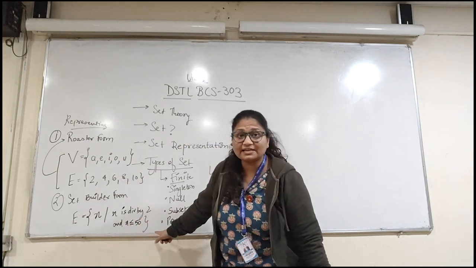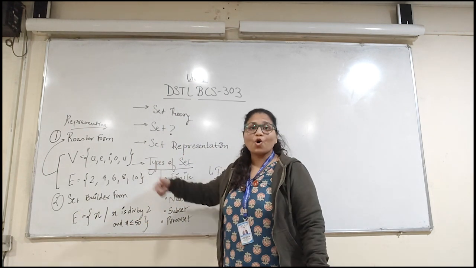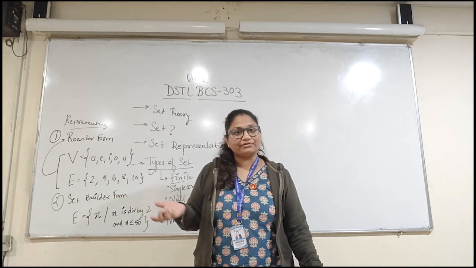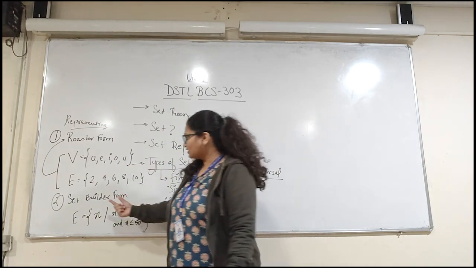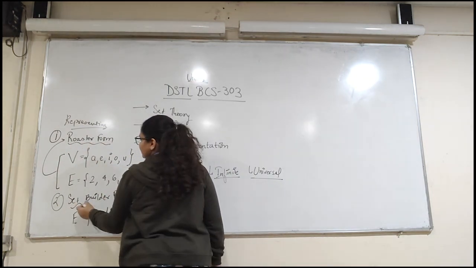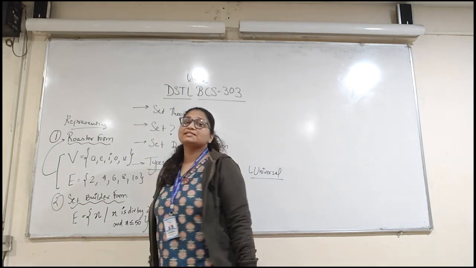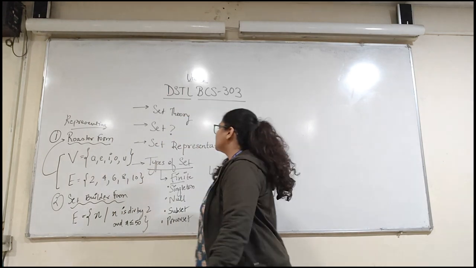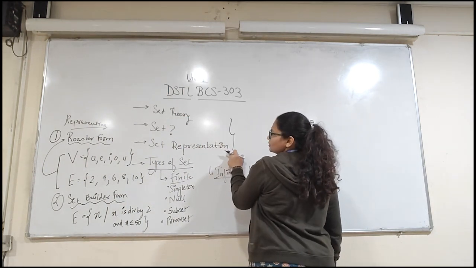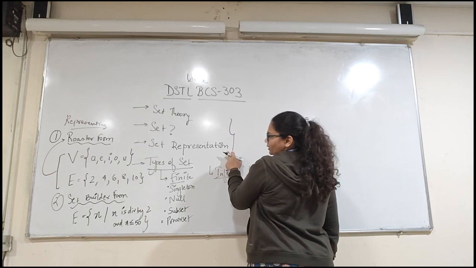Now this single statement builds all of your set, which is first 50 even numbers. So this is your first way of representing a set, which is roster form, and this is the second way of representing a set, which is set builder form. So we have come across this topic.